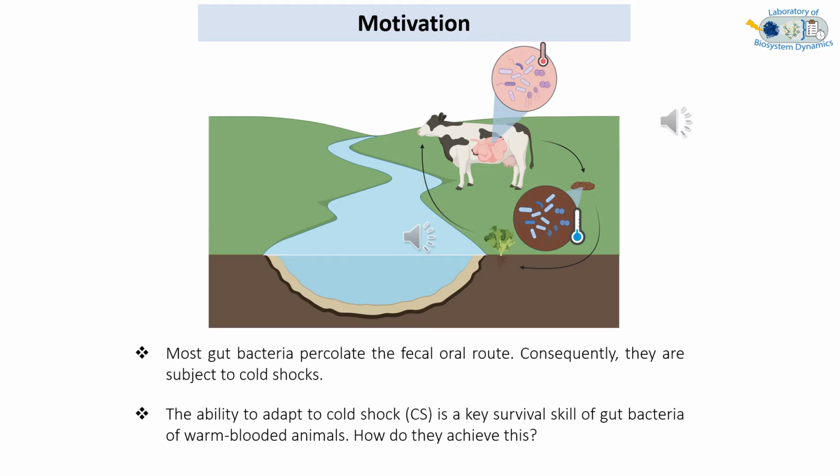And what we want to understand is how the gene network of E. coli has evolved in order to increase as much as possible its chances of surviving cold shocks.